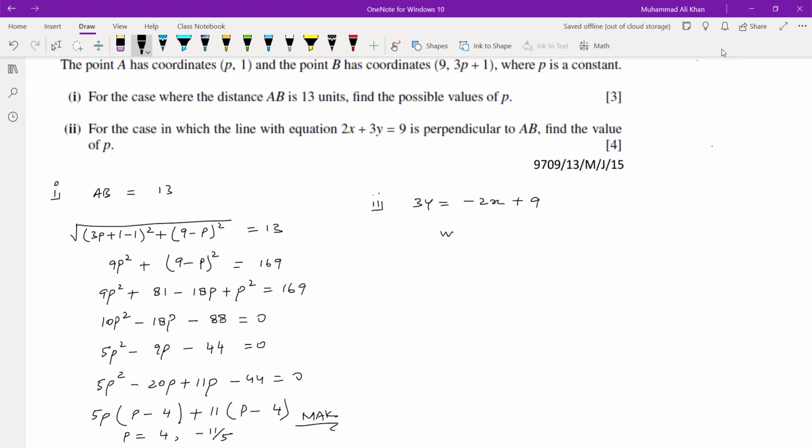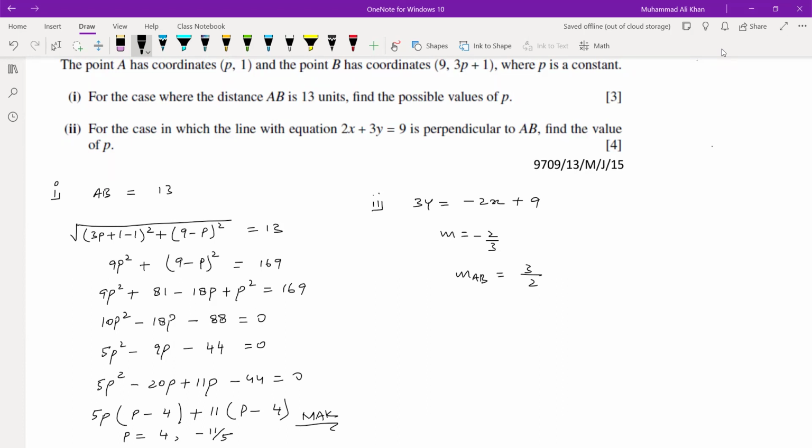Therefore the gradient is minus 2 over 3. This is the gradient of the line, and it is perpendicular to AB. So can I say the gradient of AB is 3 upon 2, the negative reciprocal, because both lines are perpendicular.